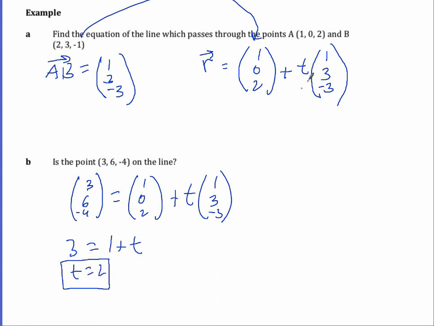If you plug t equals 2 into this whole thing, you're going to get the 3, obviously. Plug t equals 2 here, you get 6. Plug t equals 2 here, you get 2 times negative 3, which is negative 6, plus 2 is negative 4. So yes, it is on the line. If one of those didn't match, then it's not on the line.